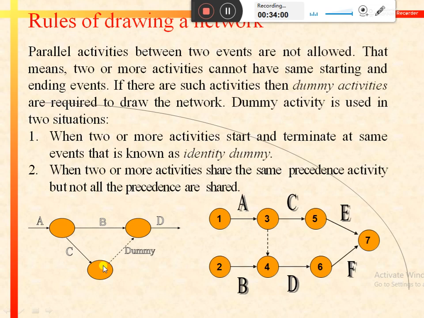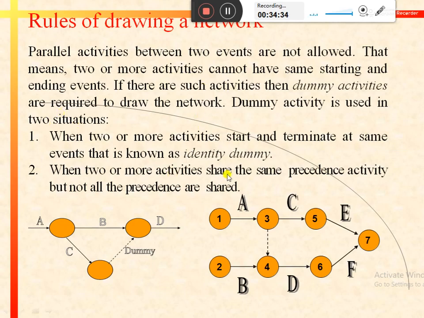From this event, draw a dummy activity between event 3 and event 2. In this way we introduce the dummy activity. Now we can see that activity B and activity C do not have the same starting and ending events, because we have introduced the dummy activity.